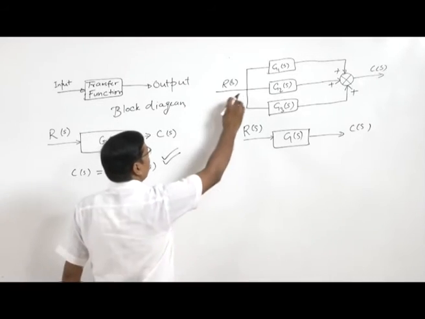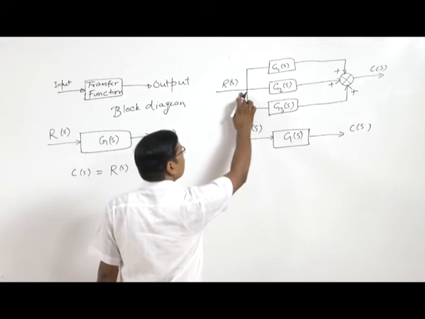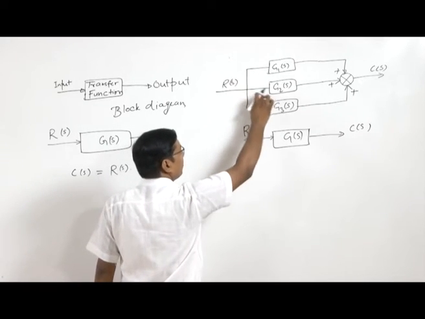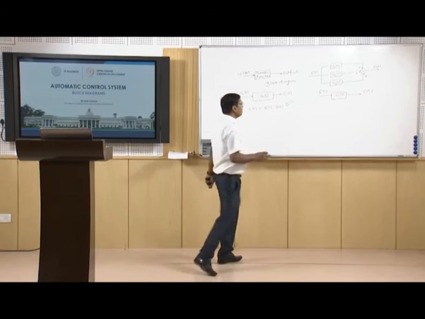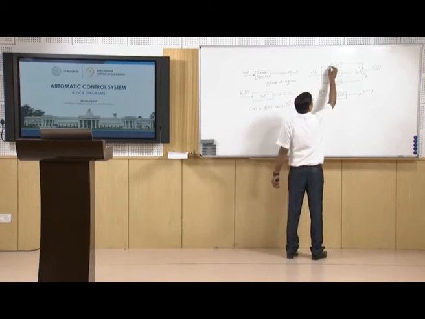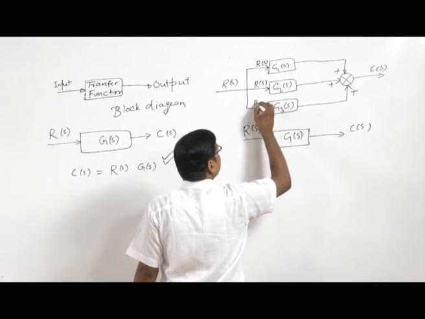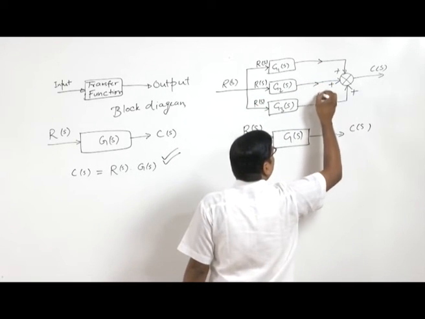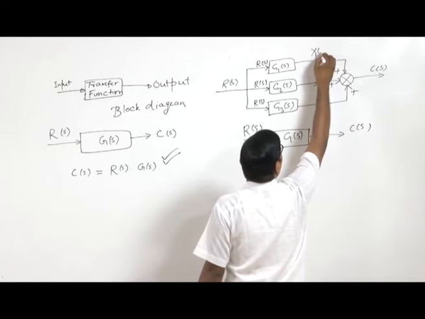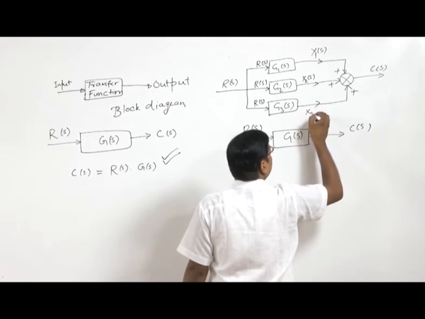You know that this is a pick-off point. At a pick-off point, the input is R(s). So each of these branches will have the same input R(s). Here is R(s) input, here is R(s) input, here is R(s) input. And so here will be some outputs, let's say X1(s), X2(s), X3(s).